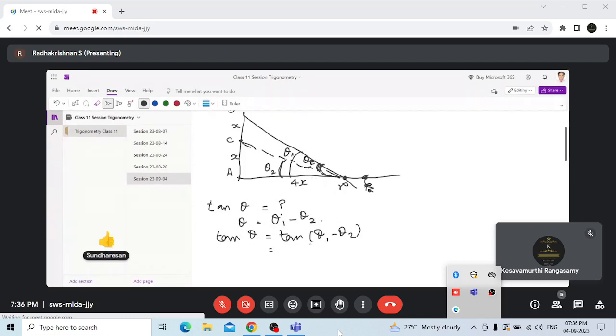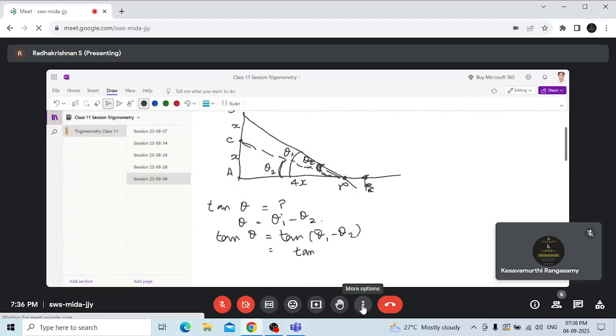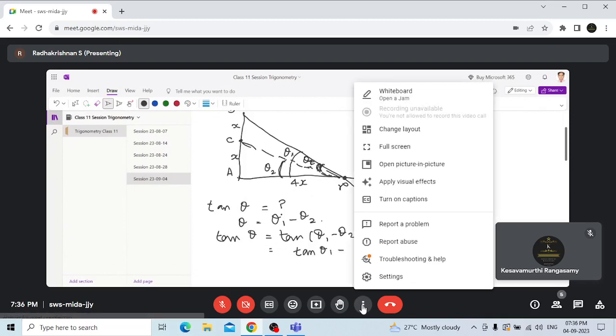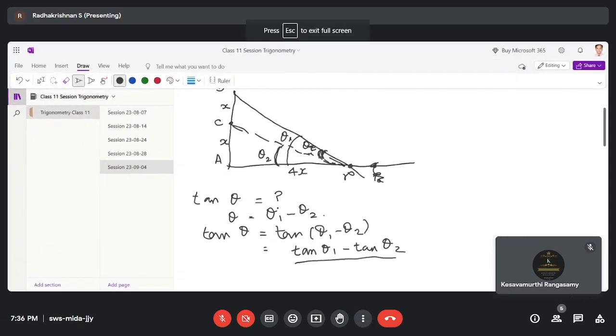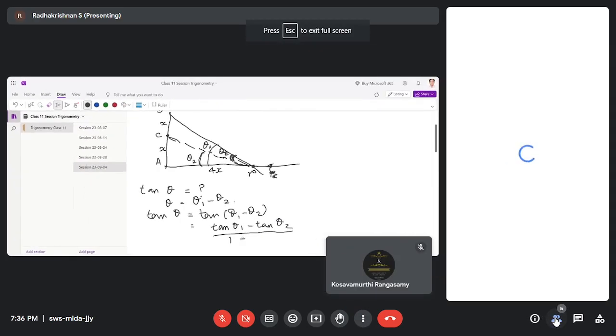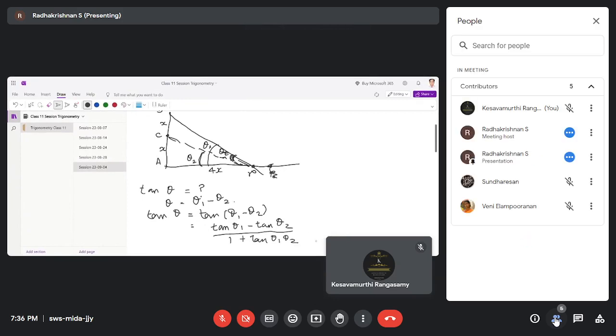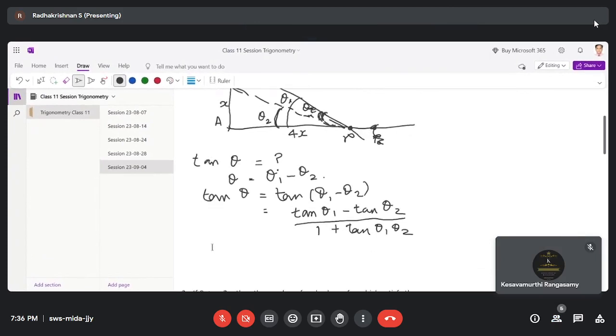So what is the formula for tan of theta 1 minus theta 2? Tan of theta 1 minus theta 2 equals tan theta 1 minus tan theta 2 divided by 1 plus tan theta 1 tan theta 2.